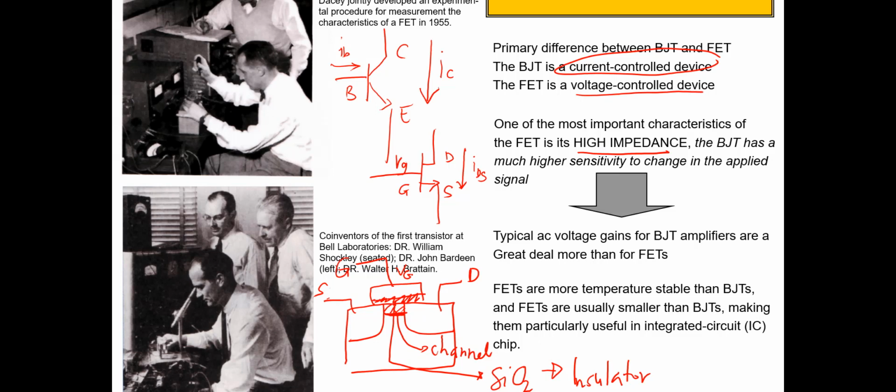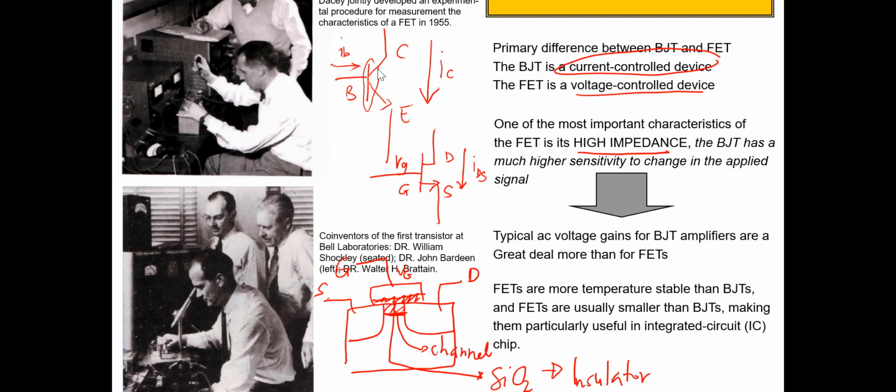So the BJT has much higher sensitivity to change in the applied signal, because if we see, there is no insulator here, so they control the collector current using the base current. So the sensitivity is higher than FET. And the typical AC voltage gain for a BJT amplifier is a great deal more than FET.